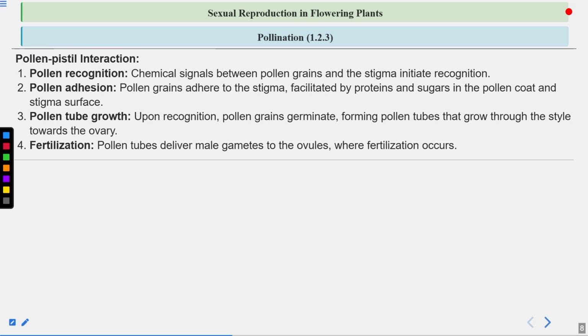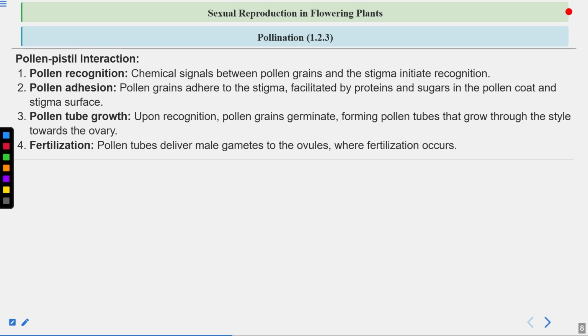The pores are not present in the intine layer. The intine layer is continuous. It is not like the exine, where at a particular point the sporopollenin is absent. The intine layer is continuous, made up of cellulose and pectin substances.